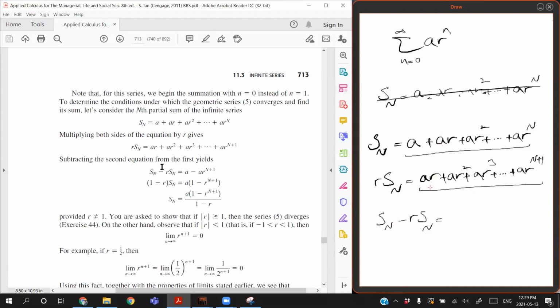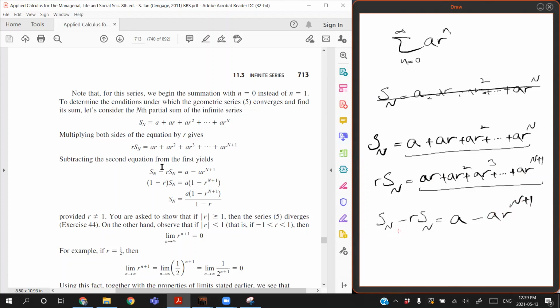The ar here and the ar here will cancel out. Yes. Ar squared here and ar squared here will also cancel out. And we will be left with only two terms. The a here, which does not have a counterpart here to cancel it. And also the last one. So we get minus ar to the power of n plus 1.